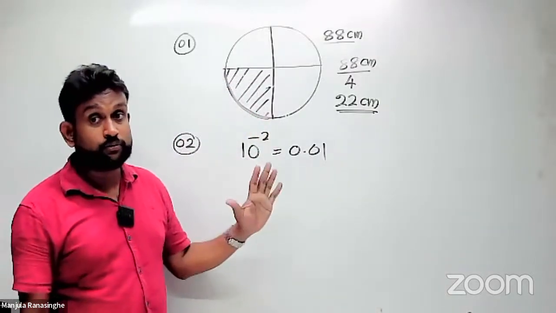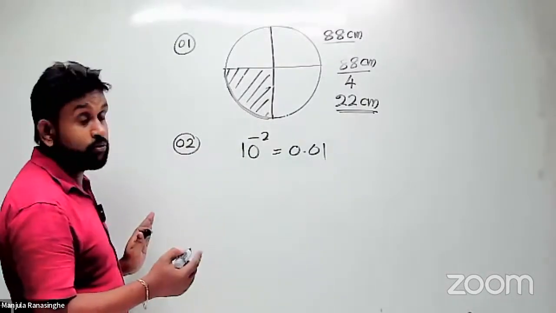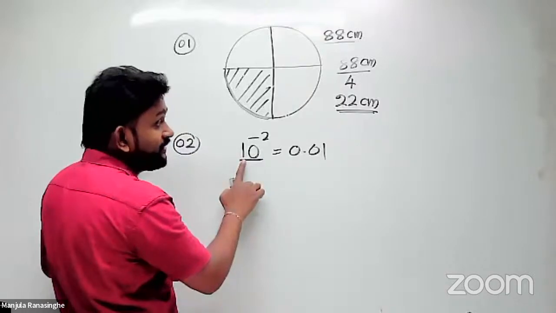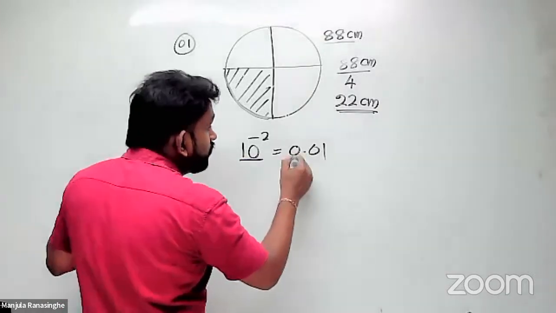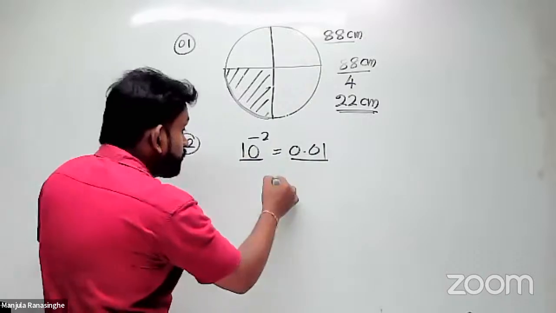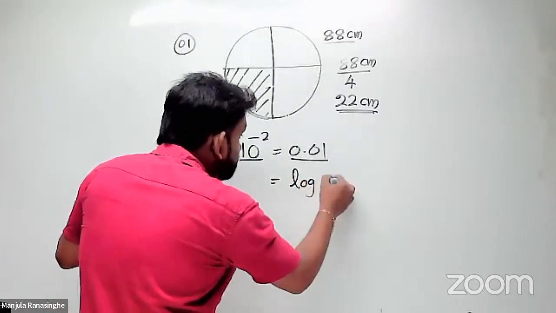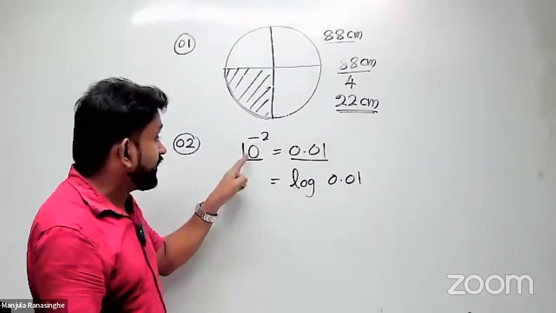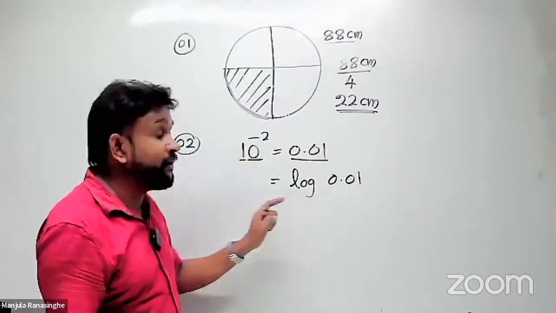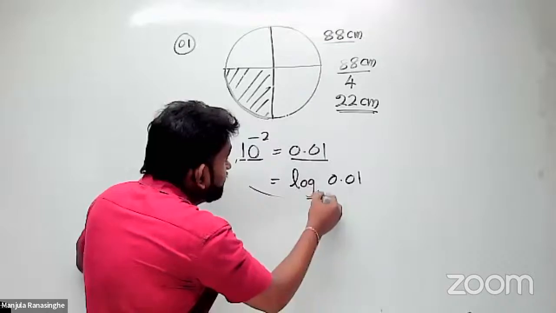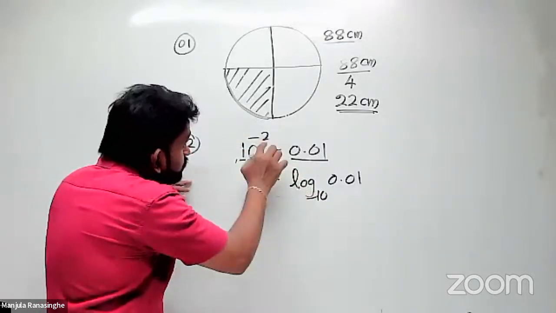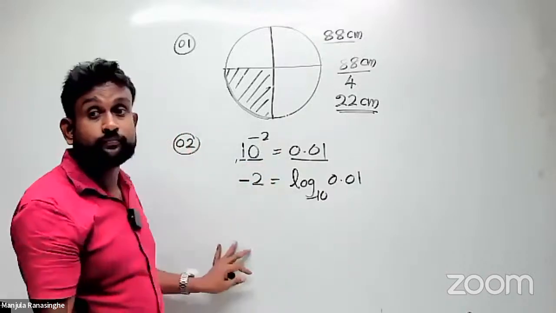No, so no need to do that. So how to convert into the log format? This is the base side. You are not taking the log of this side, you take the log of the other side. You take the logarithm of 0.01, but you should have a base. So what is the base? You bring this base here, base 10, then here it cancels, it is gone. So negative 2 is isolated.